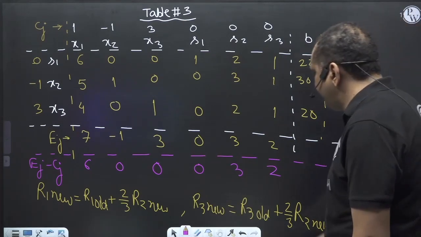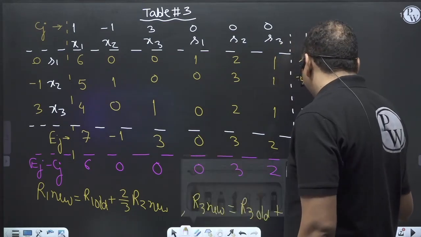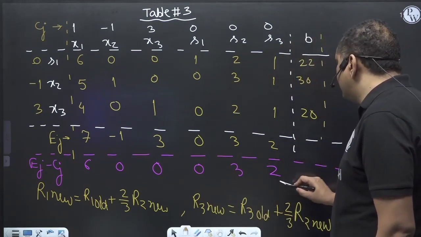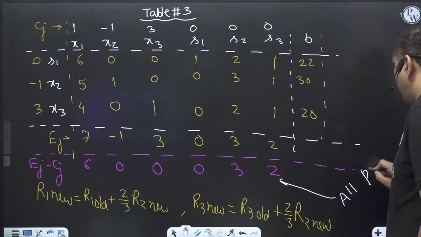What I am able to see here in the Ej minus Ej row, all positive.